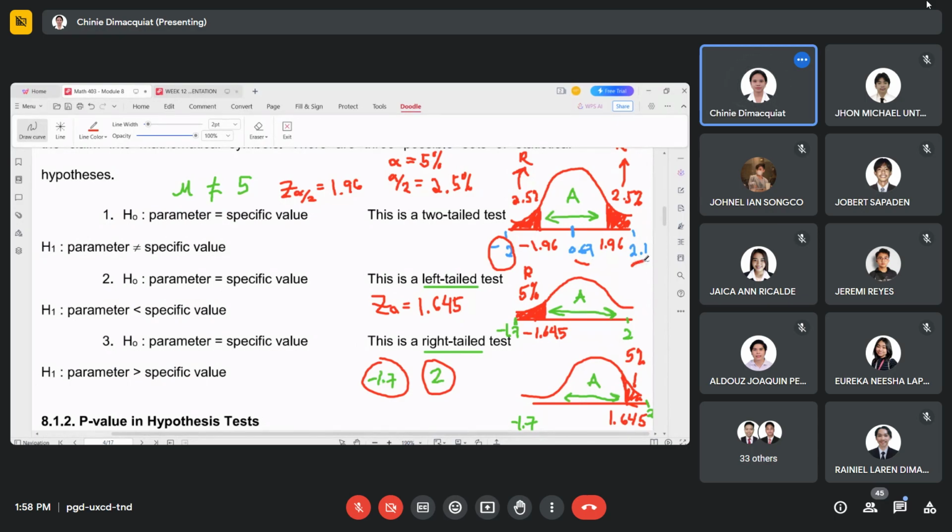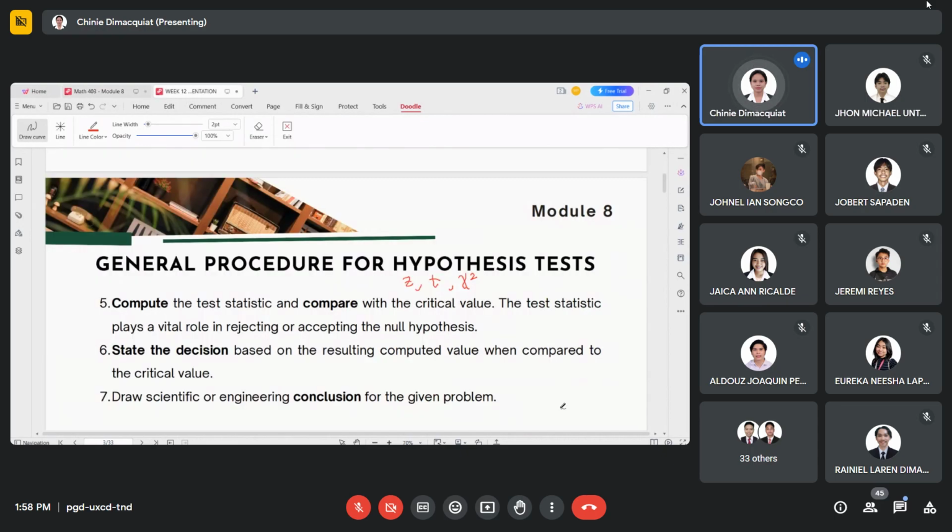Ipinlat natin and compare nga natin siya sa ating critical values. Na siya ba ay mas maliit kay critical values or mas malaki kay critical values? And kung siya ay mas maliit kay critical value, kailangan ba natin siyang i-reject or kailangan natin siyang i-accept? So, mga ganun. So, pang-anim, state the decision based on the resulting computed value when compared to the critical value.